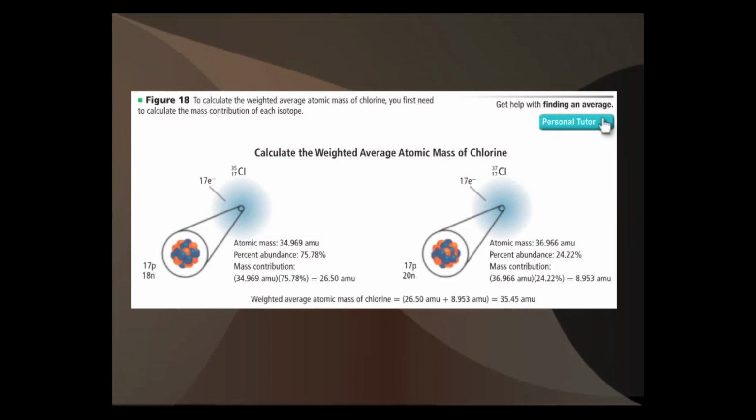Now, with the percent, I didn't show it on here, that's going to be 75 over 100. You do the percent divided by 100. Then you get the mass contribution right there. Do the same thing for the other atoms too, and add up each of their mass contributions to get the average.